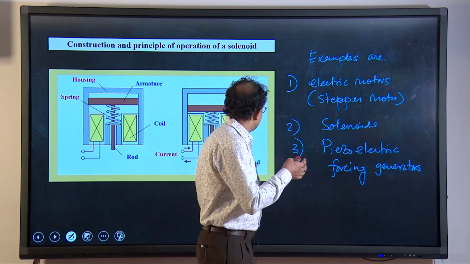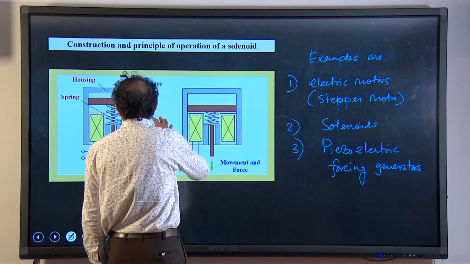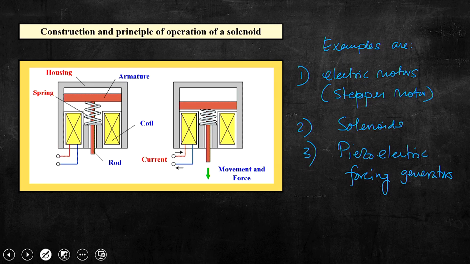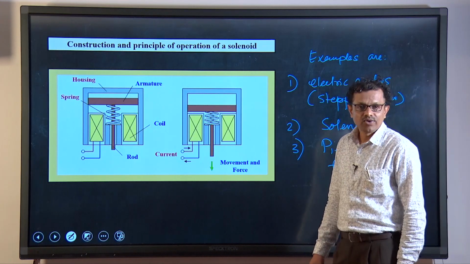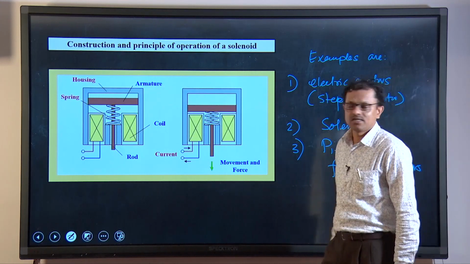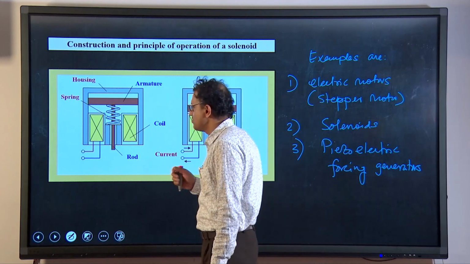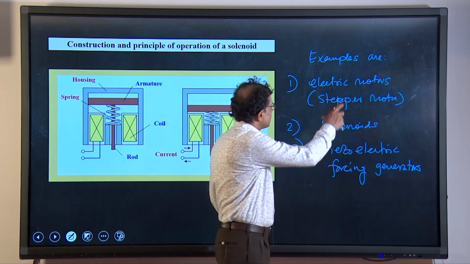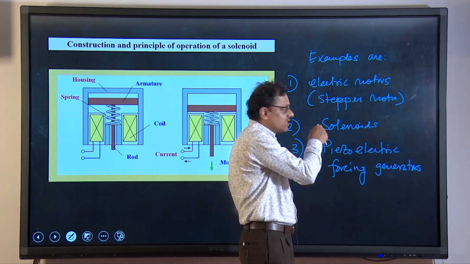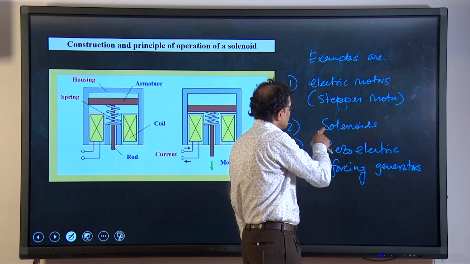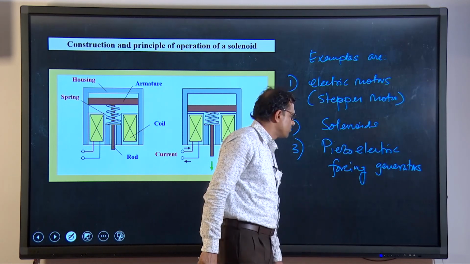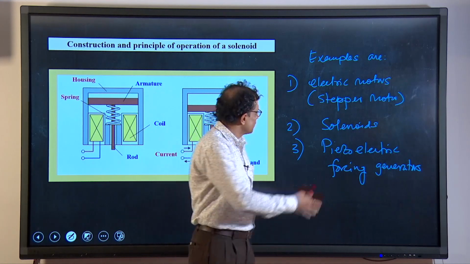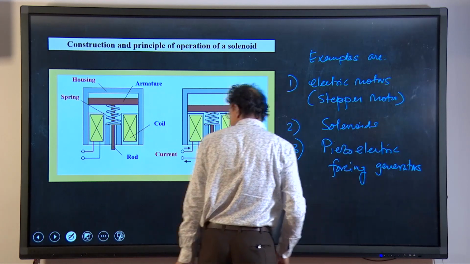So, let us first look at the schematic depiction. What we can see in this schematic is the construction and principle of operation of a solenoid. Why we have taken the solenoid first for our discussion is because out of these 3 different types that we have listed, electric motors, solenoids and piezoelectric forcing generators, solenoids are mostly used.